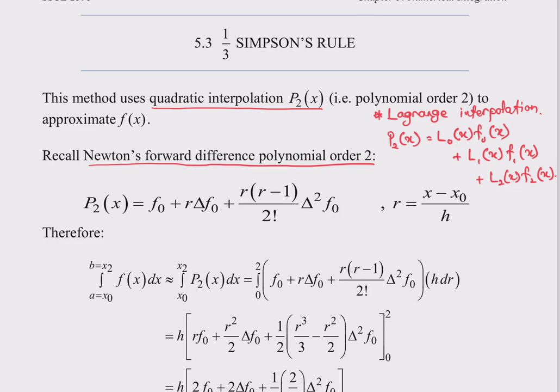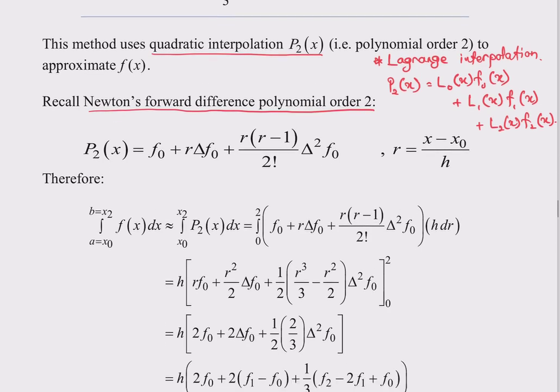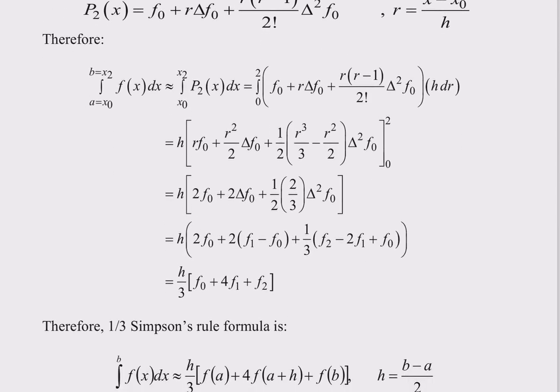And the rest is the same. If you do that, of course you will end up at this one for one sub-interval. It is the same.